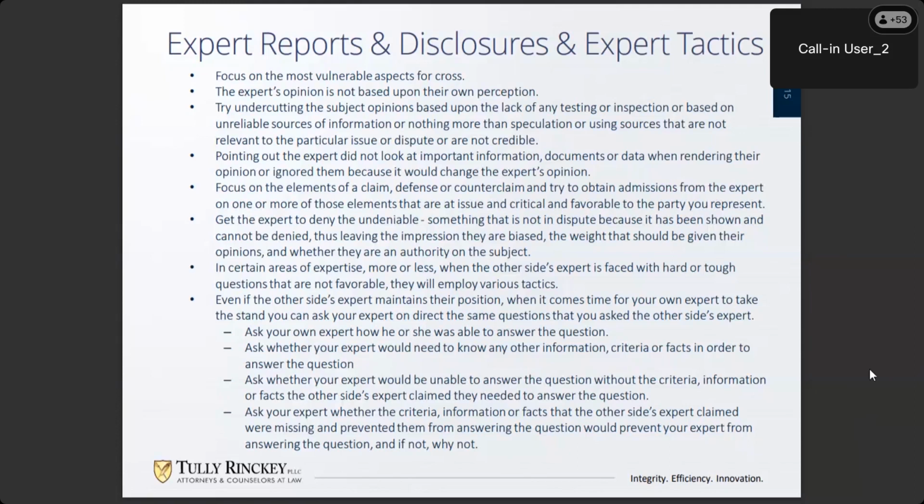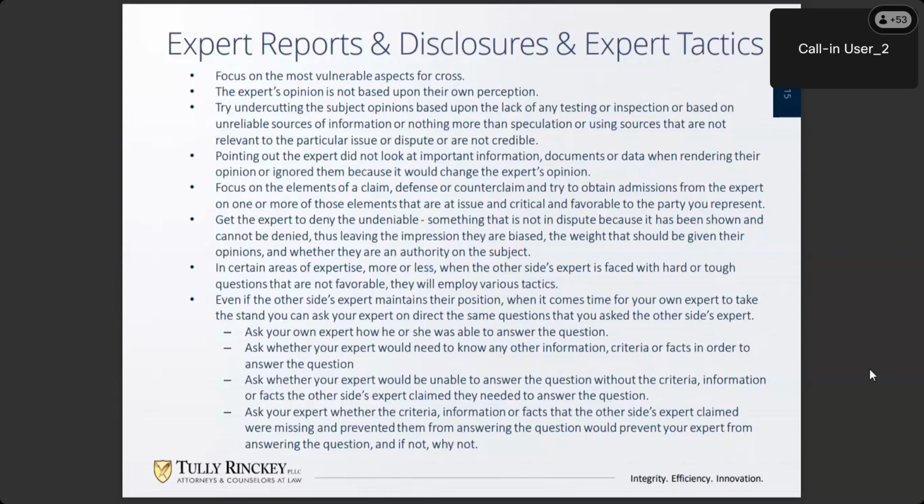In certain areas of expertise, like we talked about before, the expert's going to default to using terms of art that are very specific to their field to avoid or evade answering questions. Sometimes they claim they can't answer a particular question because the question is not being asked correctly, it's not understood, or does not contain all critical criteria or facts that they need to answer the question.